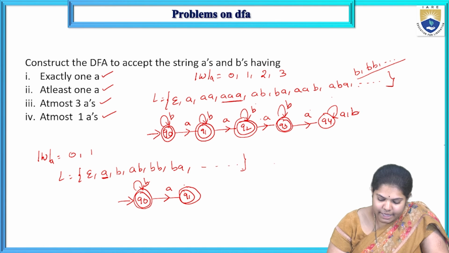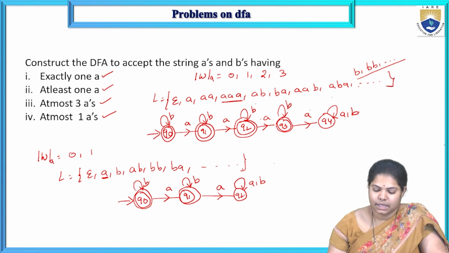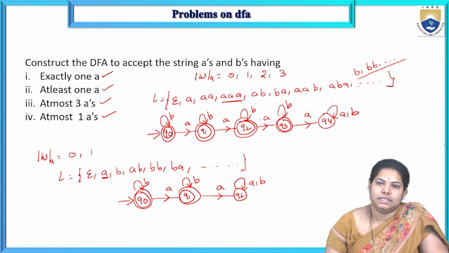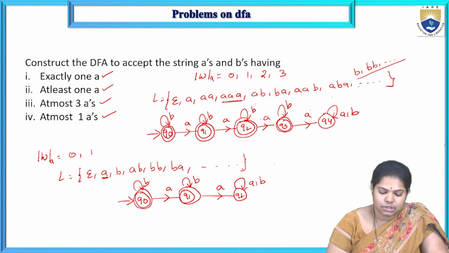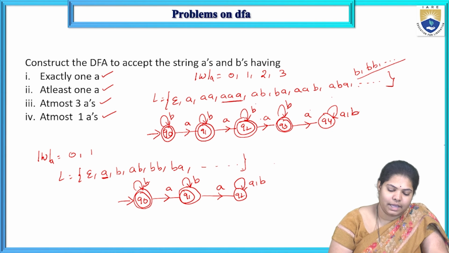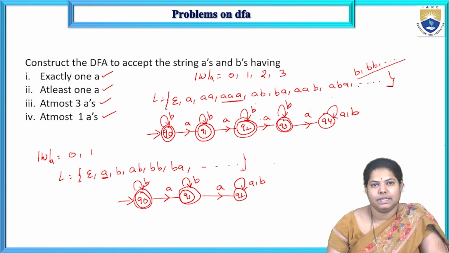After A, I can have any number of B's. But after 1A, if I see any A, I simply send it to the dead state. So these are the problems based on exactly 1A, at least 1A, at most 3A's and at most 1A.